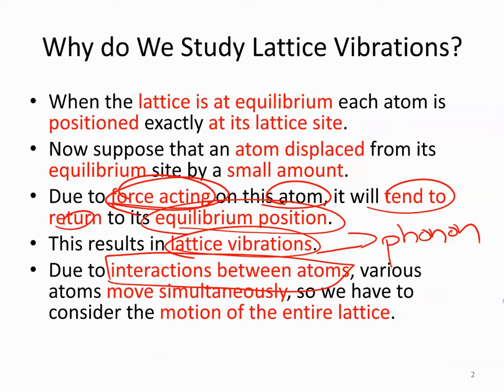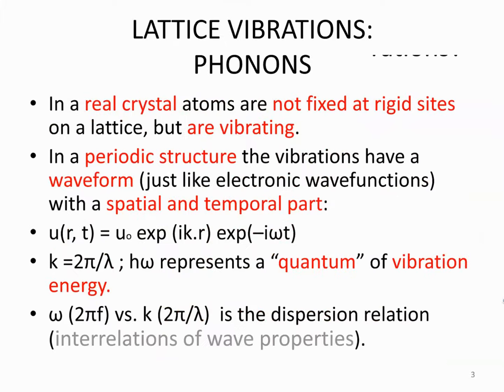So the various atoms can move simultaneously, so we have to consider the motion of the entire lattice. In a real crystal, the atoms are not fixed at rigid sites on the lattice, but are vibrating, except when temperature equals 0 K. So in a periodic structure, the vibration has a waveform.